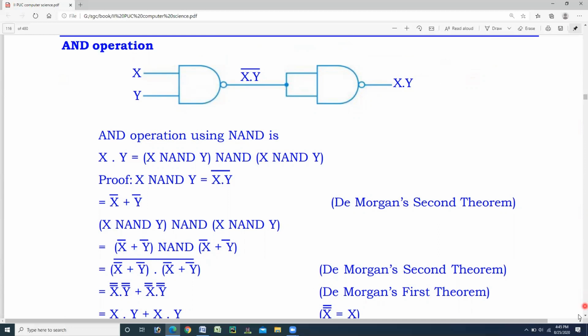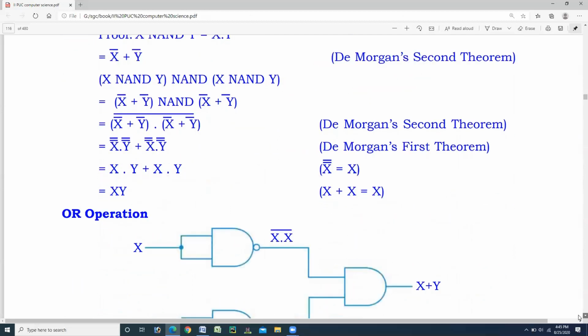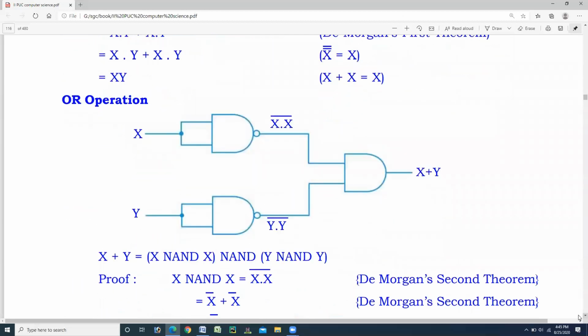This is the second one. Now, from the NAND, we have already proved NOT is over, AND is over. Now what is remaining? OR is remaining. We have to show that using NAND you can design an OR gate, right?